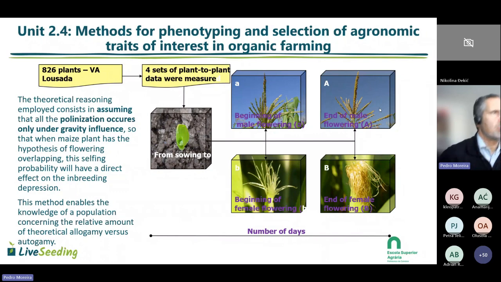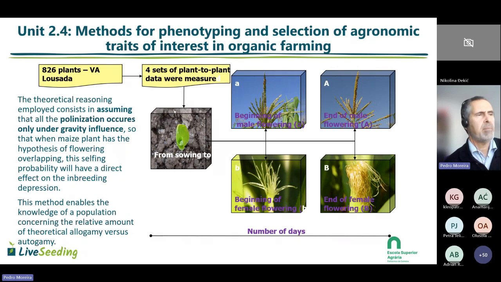And I'm going to show you some of the work that we did. That consists of the theoretical reasoning, assuming that all the pollination occurs under gravity influence.